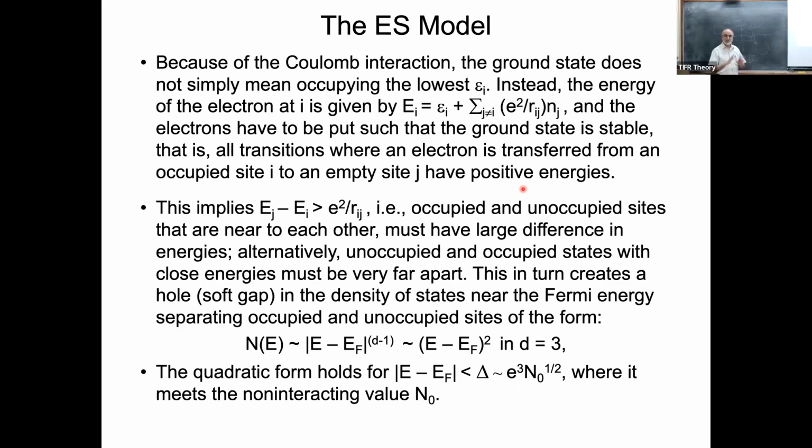This is the consequence of long-range interactions, 1 over R. That is a crucial part of this whole argument: the interactions are long-range, a power law with exponent 1 in this case. And in 3 dimensions, the density of states should go like the quadratic. So basically, you start with the density of states that's like this. We were talking about the metal, but now let's talk about the insulator.